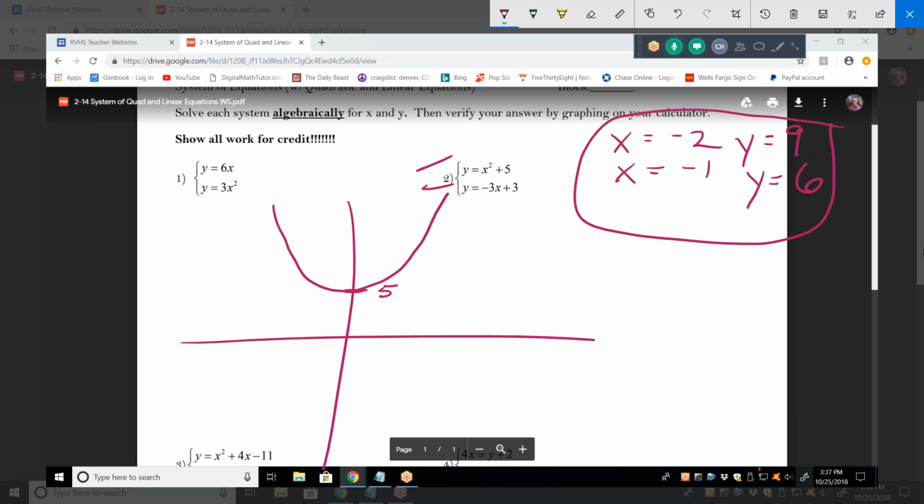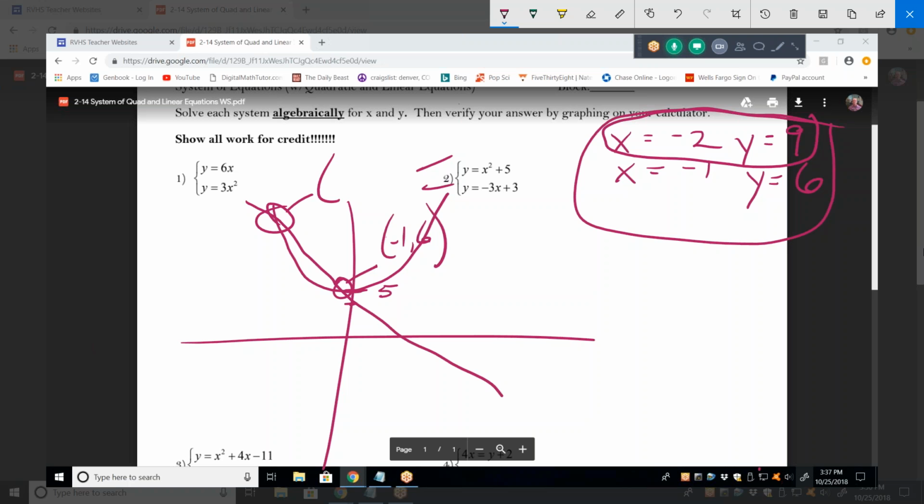If you graph the second function, you're going to get something that looks like that, a straight line. These two solutions are where these two lines cross. In other words, that point right there is minus 1, 6, and this point up here is minus 2, 9.